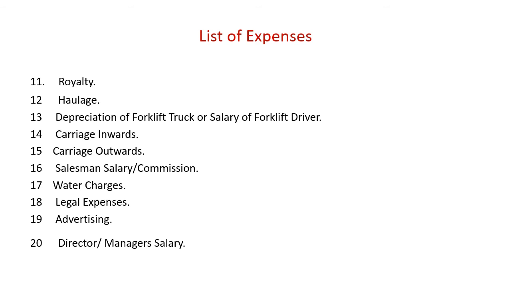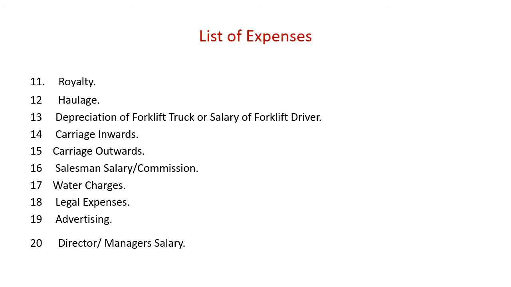Next, water charges. Water for production department means production related overhead, so it is factory overhead. Next, legal charges or legal expenses are office related expenses and add in office and administration overhead. Next, advertising. Advertising for sales promotion is selling and distribution overhead.